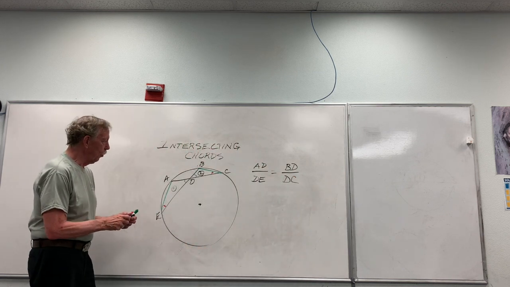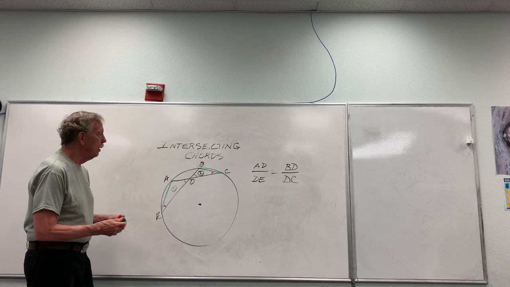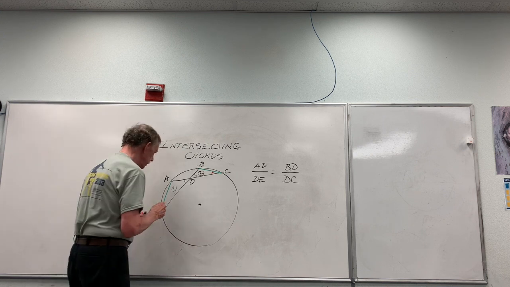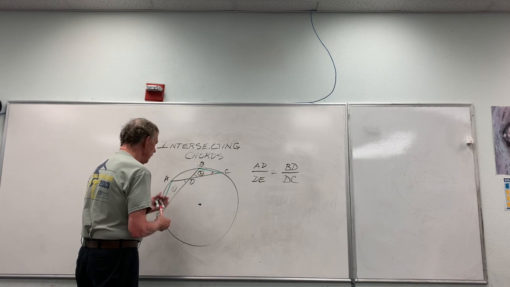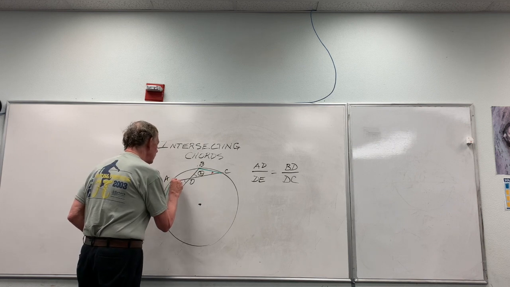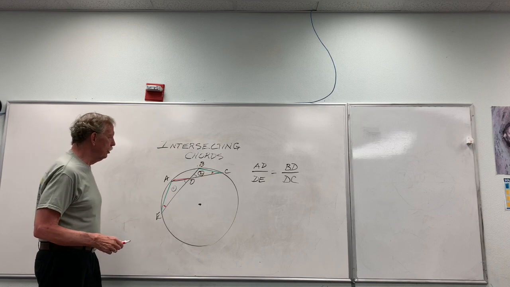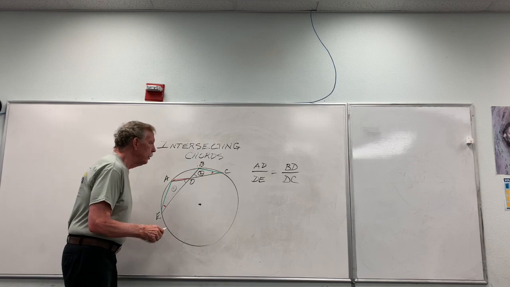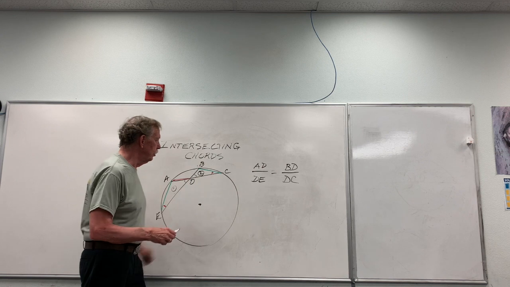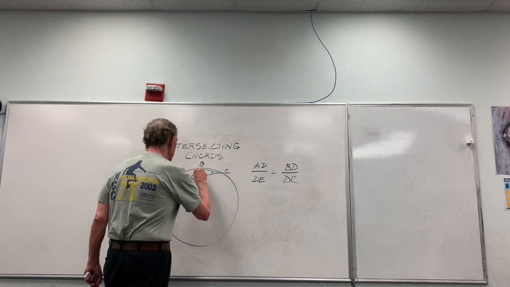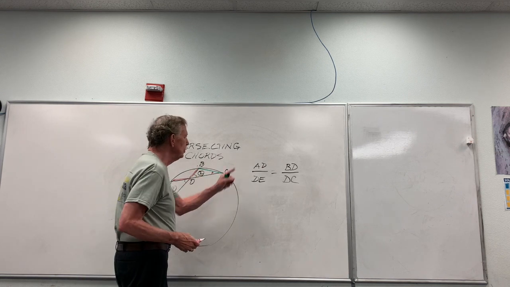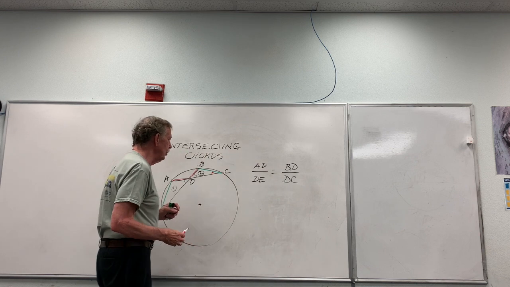Let's say that one more time. AD, this piece in triangle 1 corresponds to, in triangle 2, this piece. So they occupy the same position.